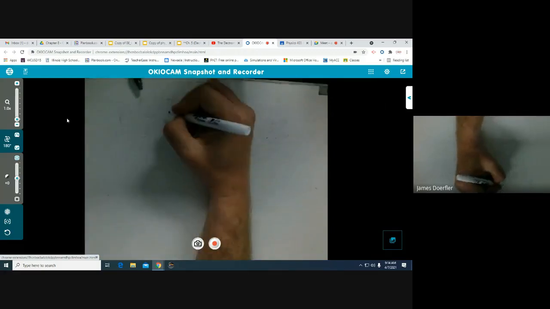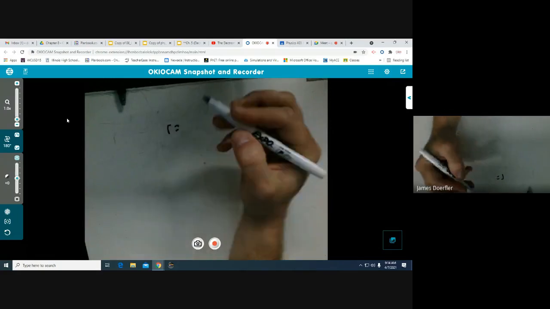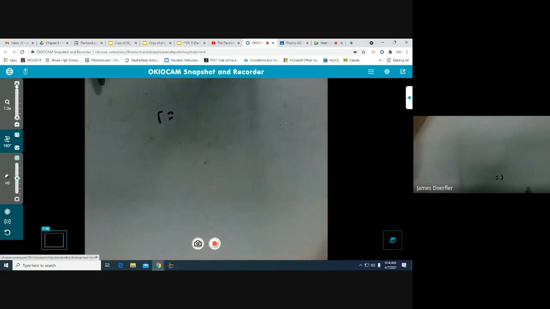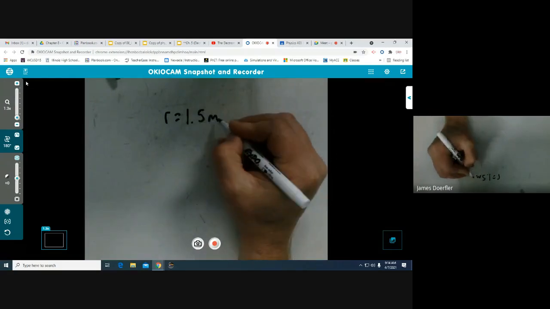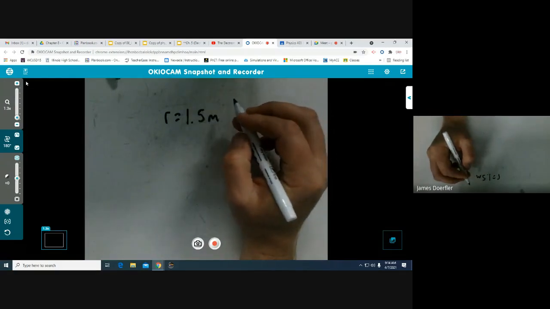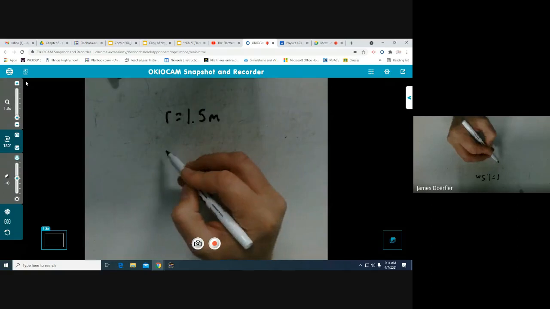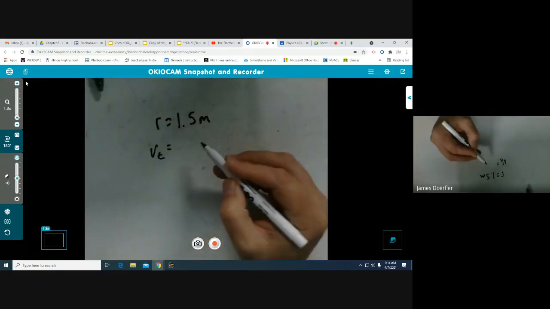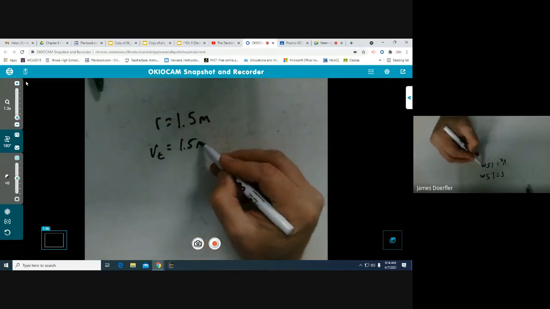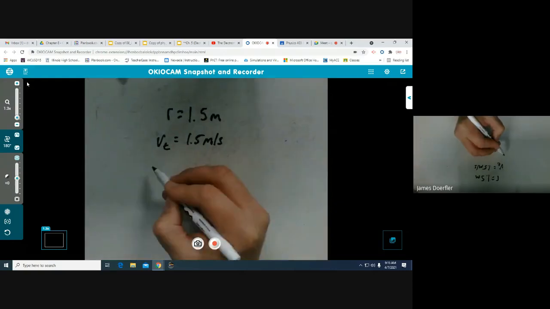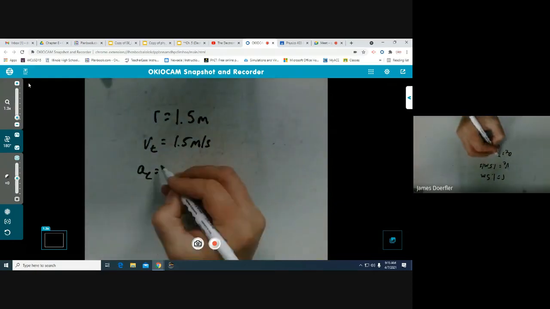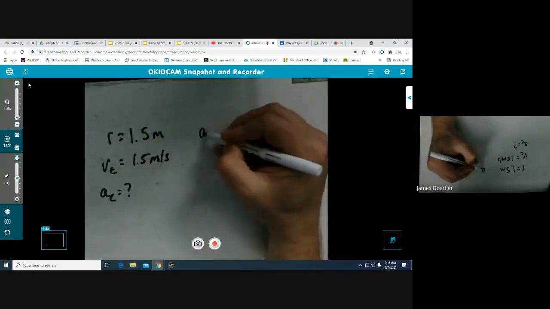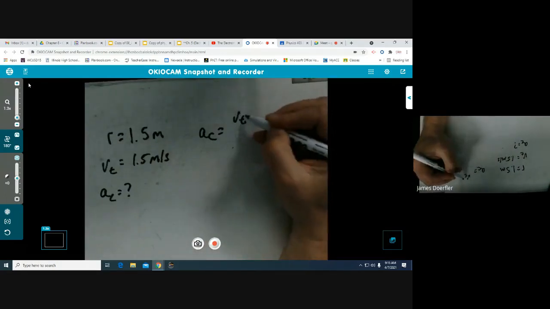We know that the radius is 1.5 meters. And the tangential speed is 1.5 meters per second. We need to solve for the centripetal acceleration. So we simply just take our formula as is.